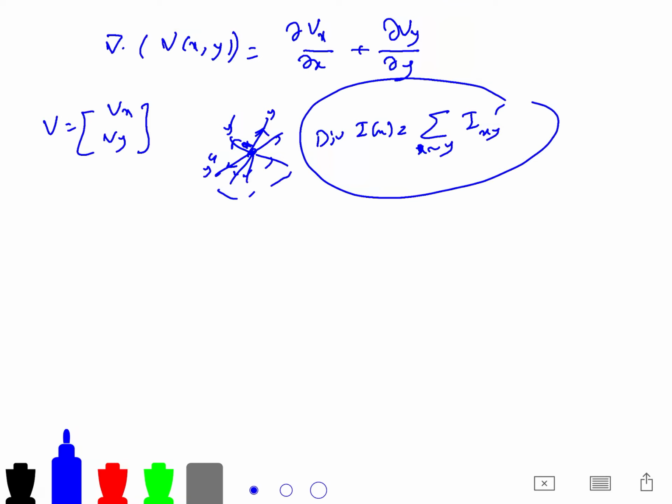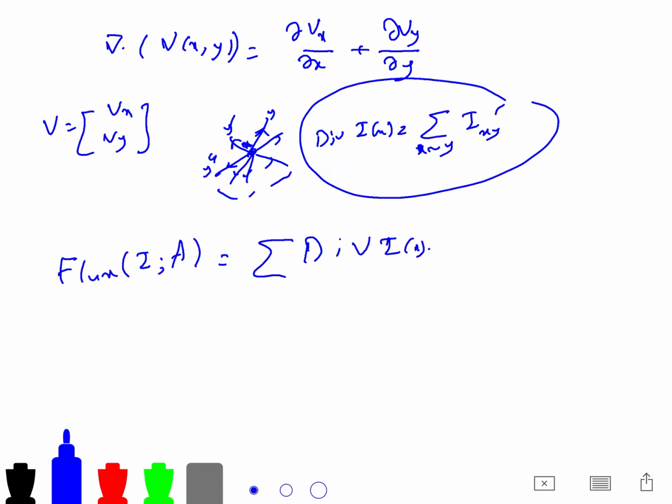And the other thing that I need to recall is what flux is. You know that flux is defined as the sum over all of these divergences.